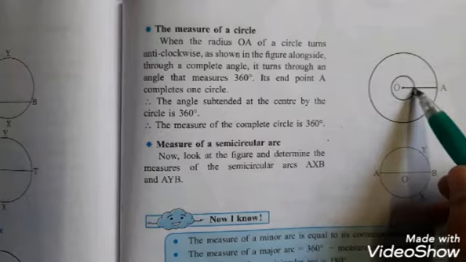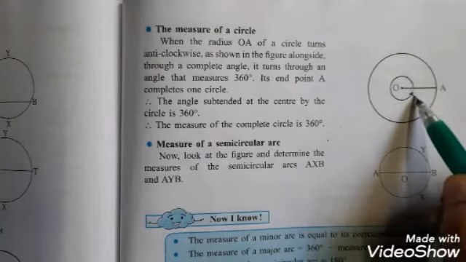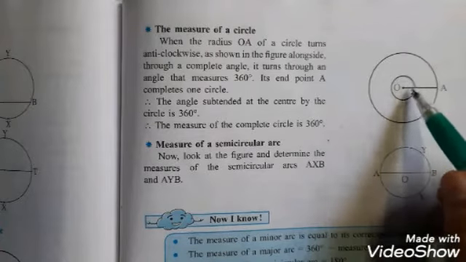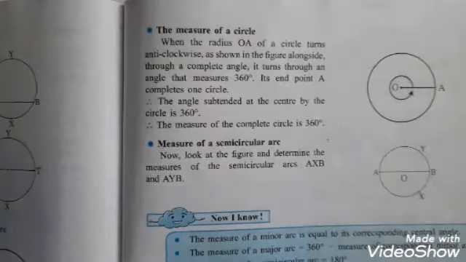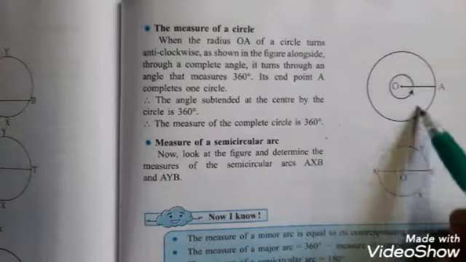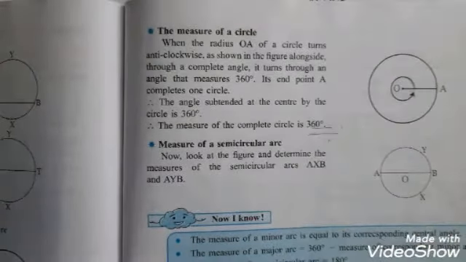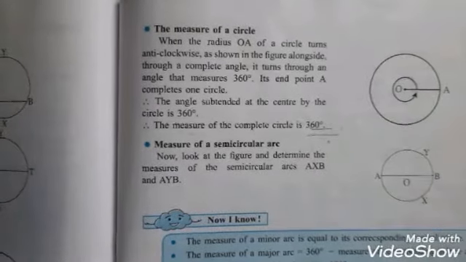You can see it starts from here and goes through a complete angle. That means it turns an angle which measures 360 degree. So the measure of a circle is always 360 degree. So the measure of a complete circle is 360 degree.